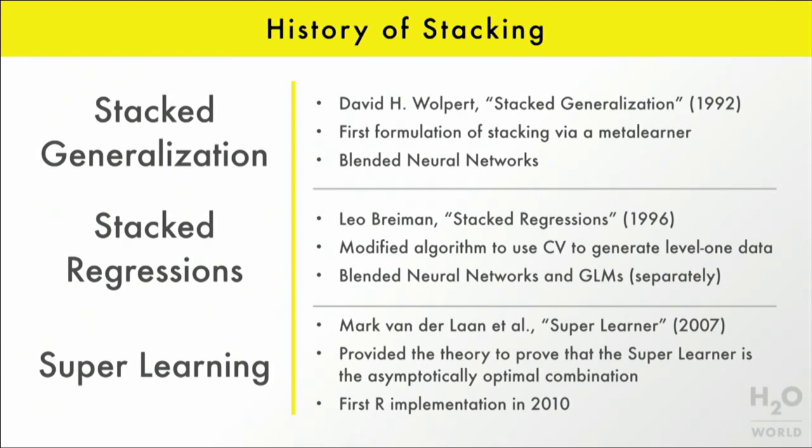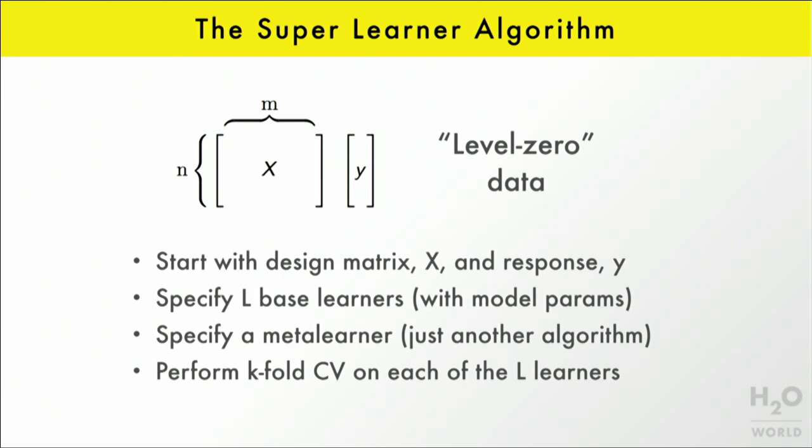The last time I looked at it, they were doing something a little bit different than exactly what stacking is. Instead of using cross-validation, they used a test and train holdout set. So this is a history of stacking. It's been around and it's pervasive, but not as popular as some of the other algorithms that you hear about.